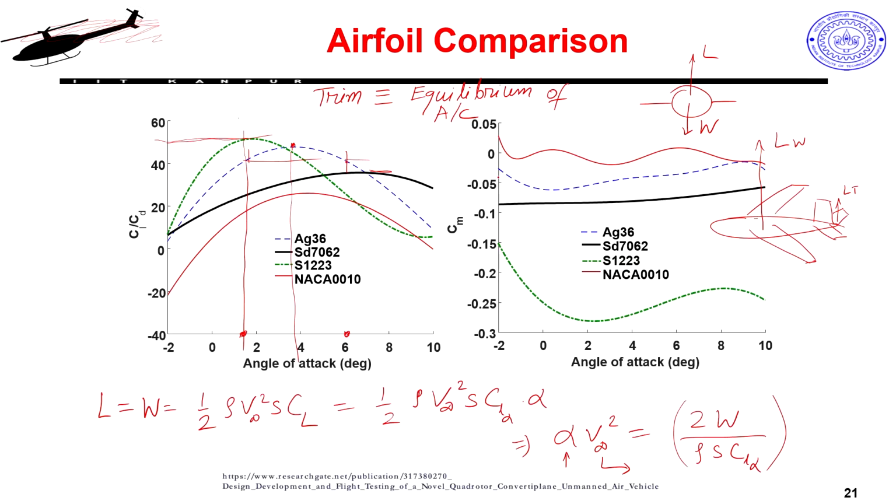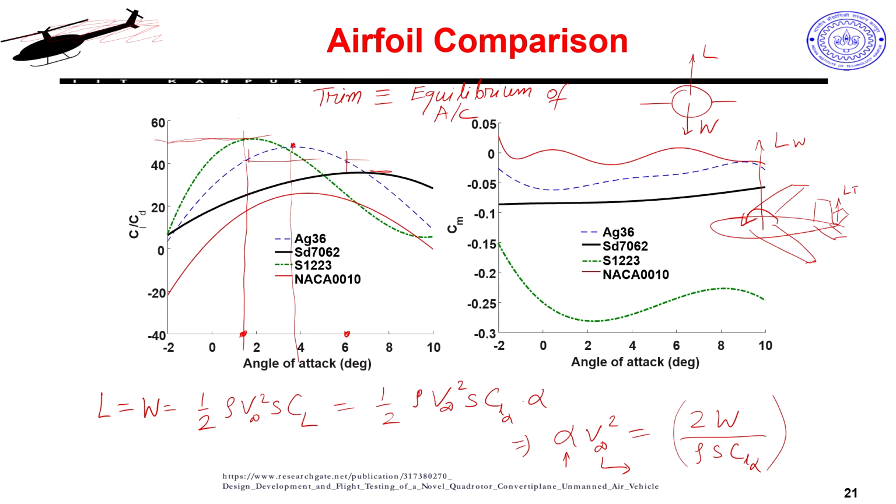Your convention is that nose up motion is considered positive, so if I look at clockwise direction we will consider positive, anti-clockwise we will consider negative. You see, except this red line everybody else has strong negative moments, and green has super negative moments actually, which means it is going to try to bring the nose down.